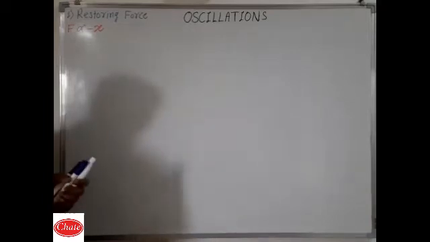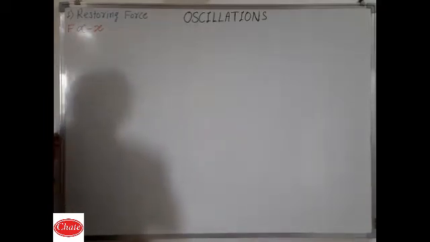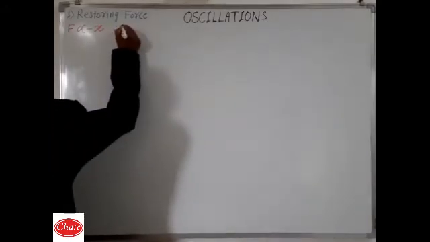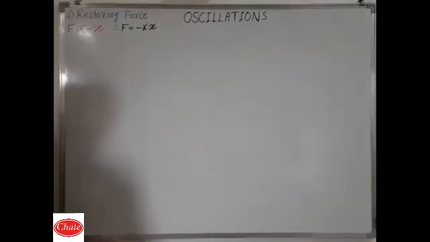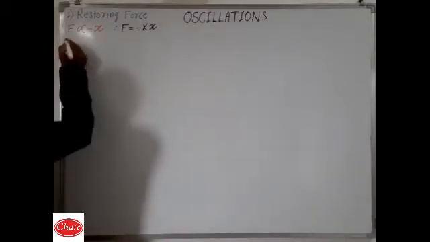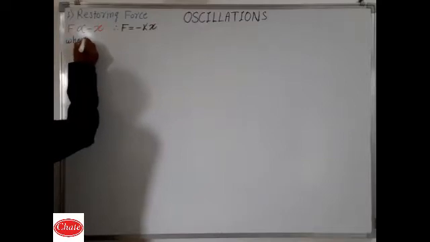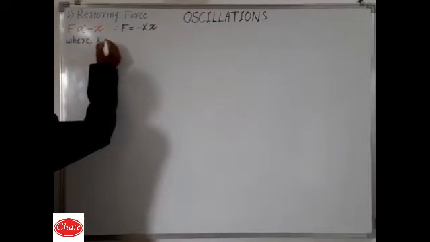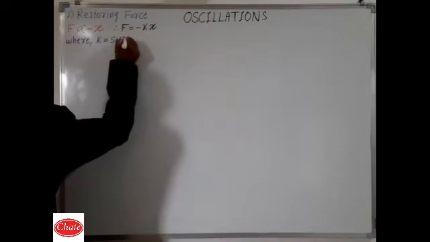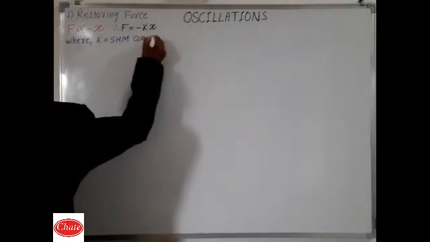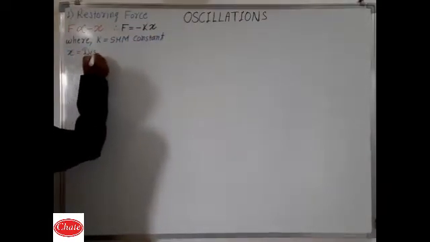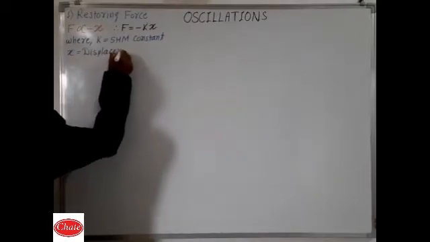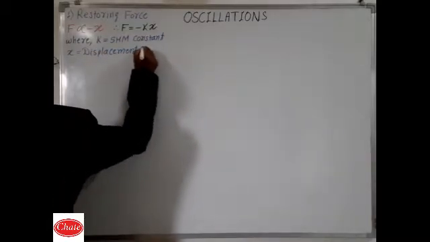Therefore, you can write F is equal to minus kx, where k is the SHM constant and x is the displacement in SHM.